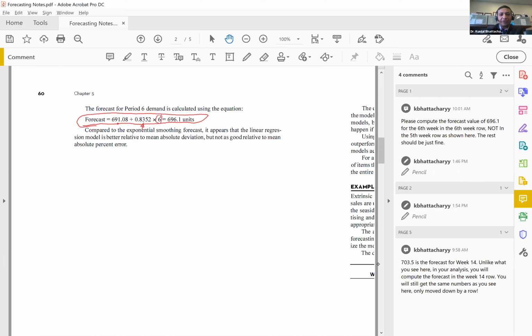So for the sixth time period, that's basically how you would capture the equation, and that's what you would want to set up in the specific cell that we just discussed, as you look at the forecast for the sixth period.